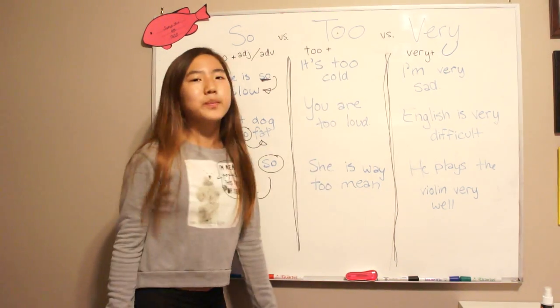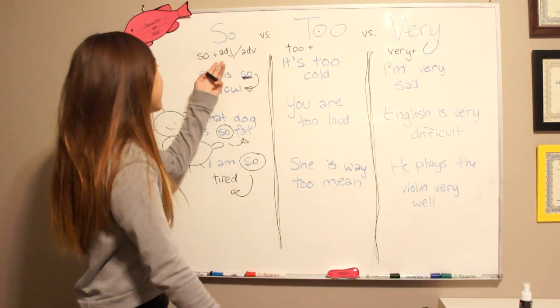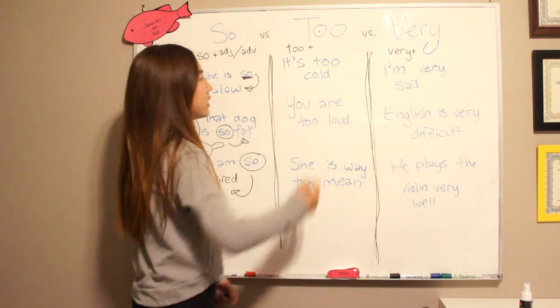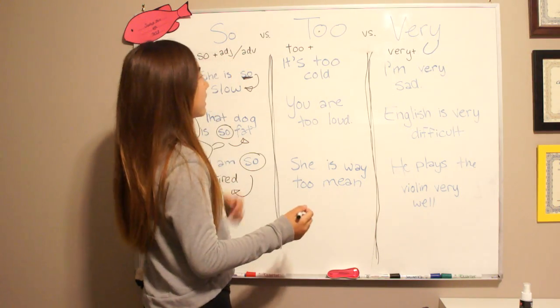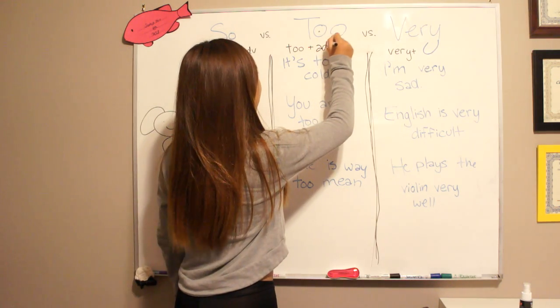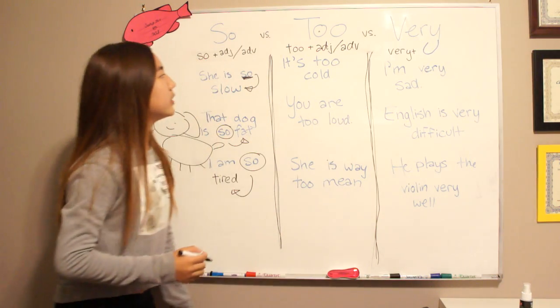Next is to. To and so both have more than one meaning, but these are the ones that are similar to each other. To goes after, similar to so, adjectives and adverbs too.